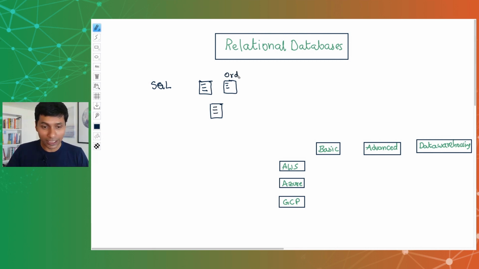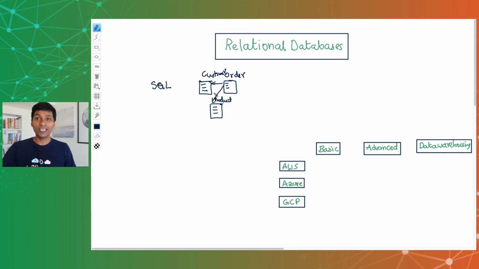For example, this is an order table. This is a customer table. This is a product table. And you have foreign key and primary key relationships as well. Inside the order, you might have a reference to the customer ID. You might have a reference to the product ID. So these are very, very well-defined tables.